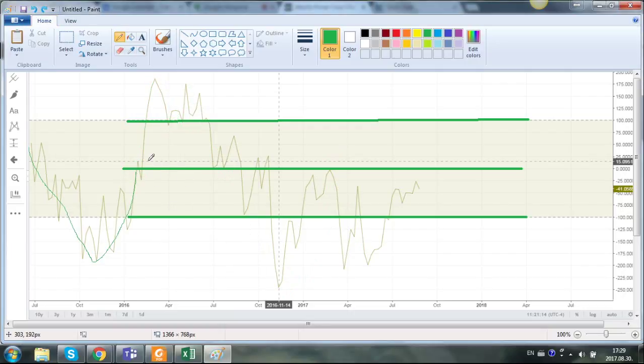This is, if you buy here and sell here, a reversal strategy. Mayroon naman iba na yung ginagamit nila is momentum strategy. They will buy not at 0 but here at 100. Then they sell when it goes back to 100 or here.